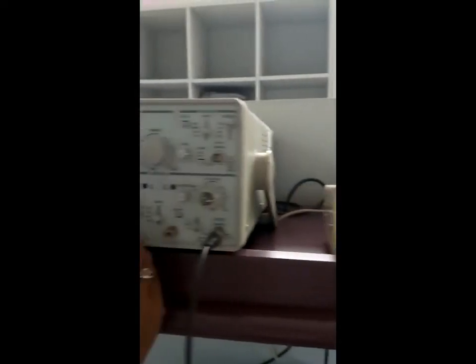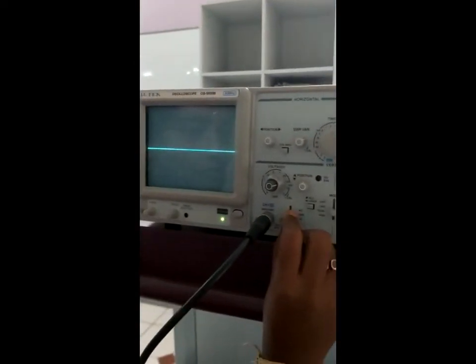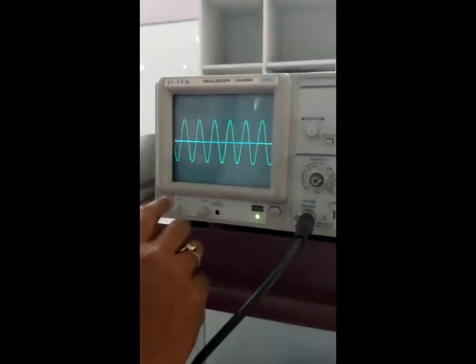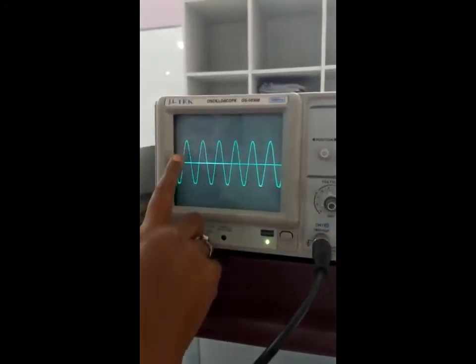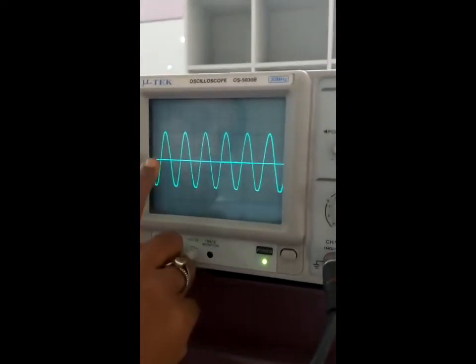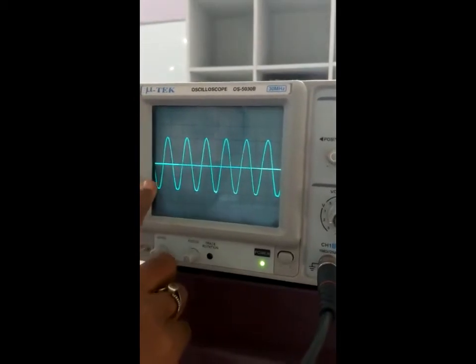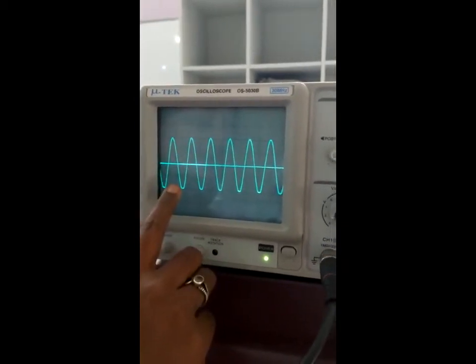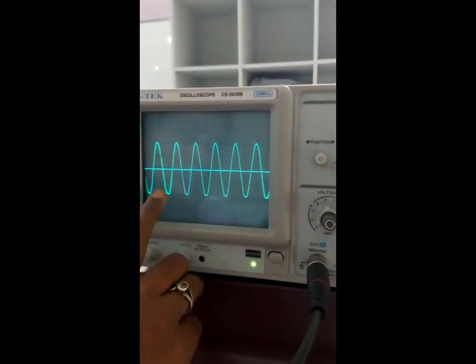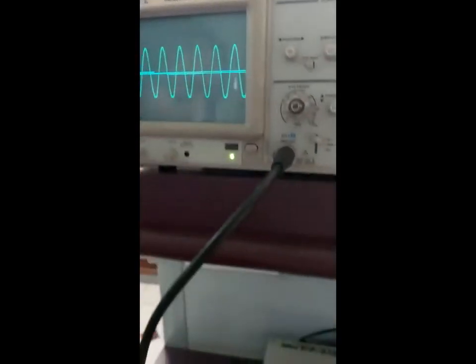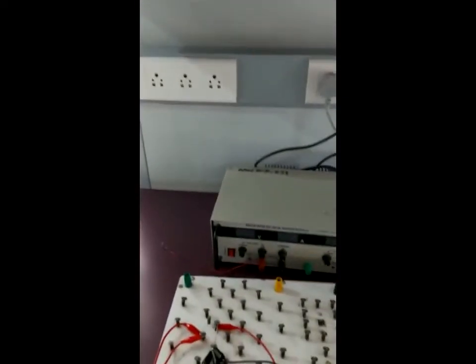Now, we can view the input waveform as 8 volts peak to peak, 4 volts in the positive half cycle and 4 volts in the negative half cycle. The circuit is a clamper circuit.